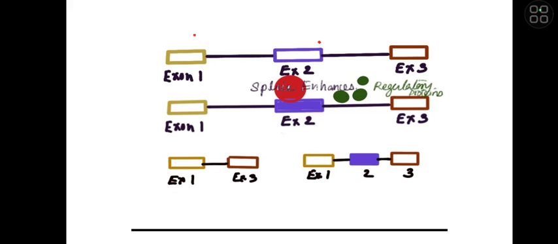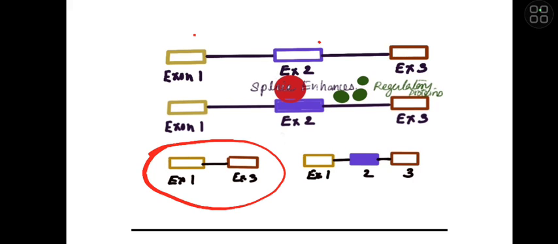So what happens is that this results in the inclusion of that exon in the final mRNA. If the regulatory proteins are not produced in the cell, they cannot bind to that exon, and that exon will be excised out from the mRNA. So it will result in only exons 1 and 3.